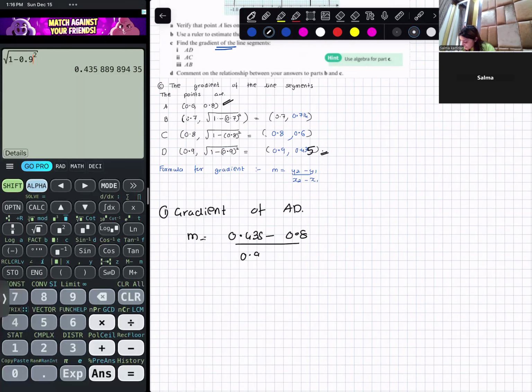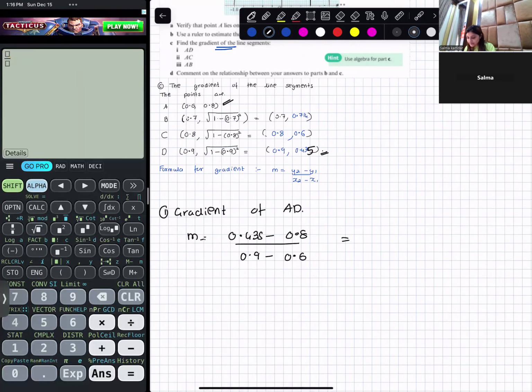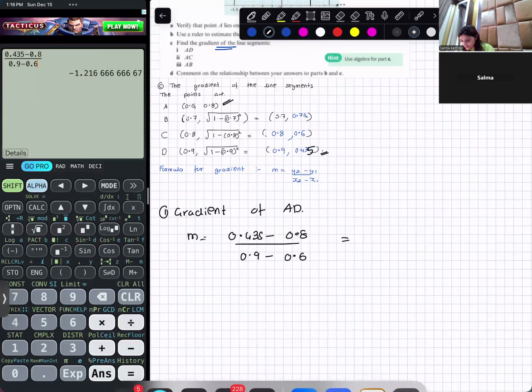So the x2 is 0.9 minus 0.6. Putting this on the calculator, it is going to give me minus 1.22 approximately.